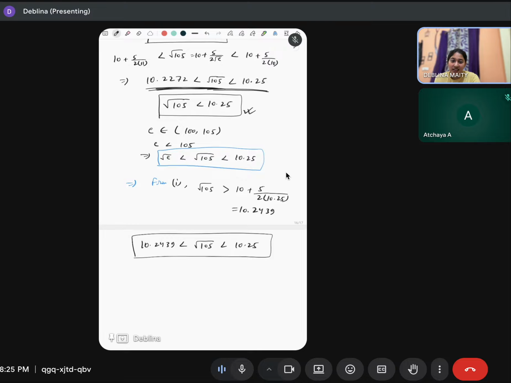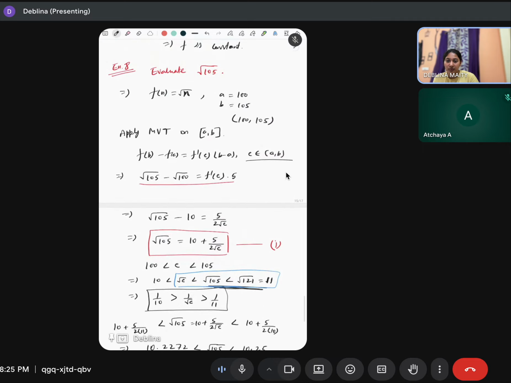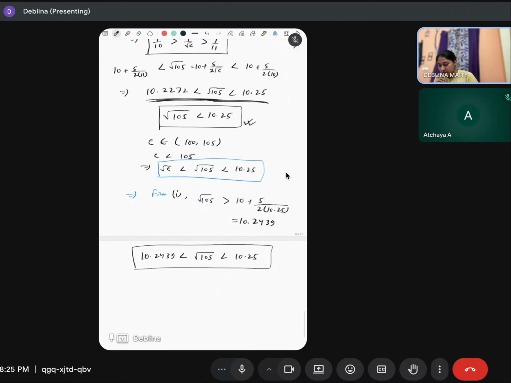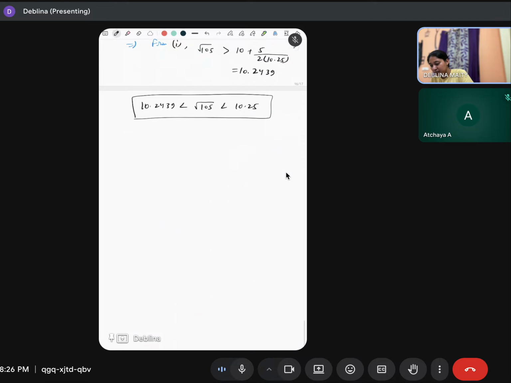Since this is an irrational number, it can never be equal to something like 10.5 exactly. After the point it will not terminate, right? So there is always some approximation. That's what we are doing, by the mean value theorem. Okay, let's see some other problem.